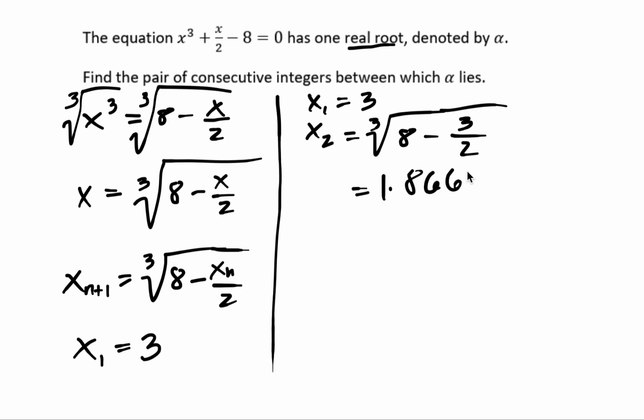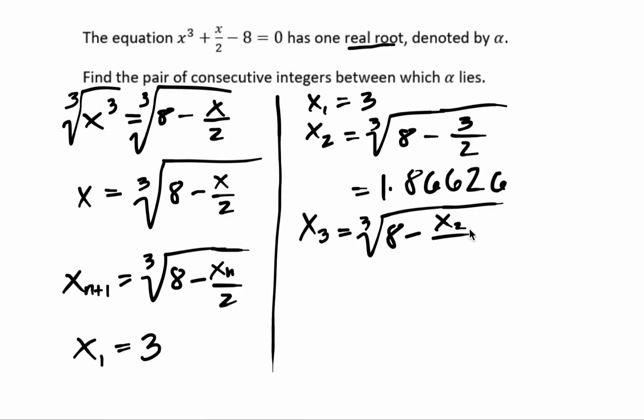So 1.86626, 5 decimal places. Next, I'm gonna compute x sub 3. That's the cube root of 8 minus x sub 2 over 2. If you're using your calculator, just press answer in place of x sub 2.